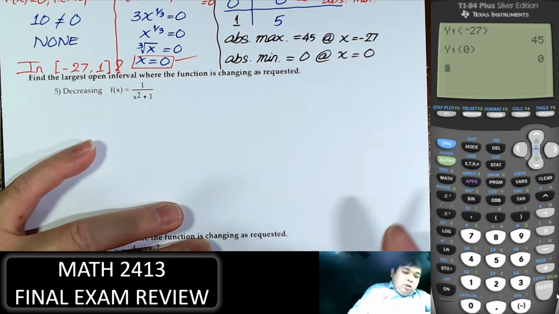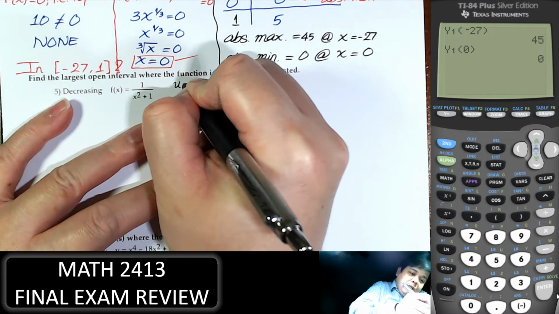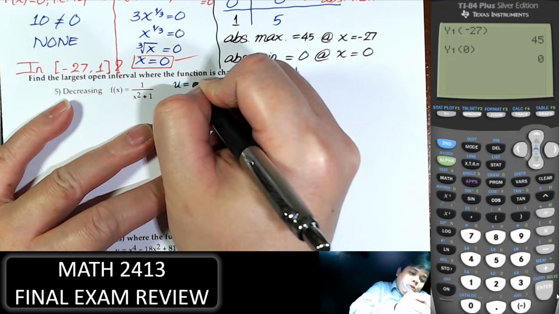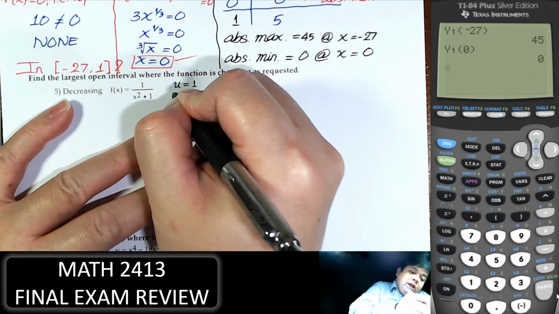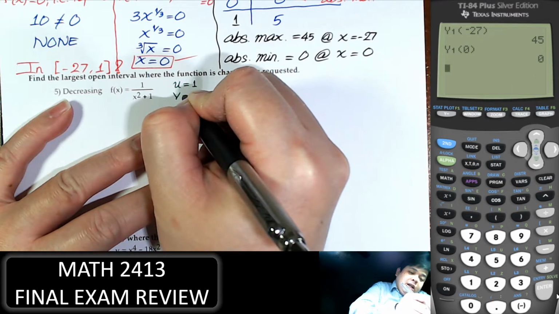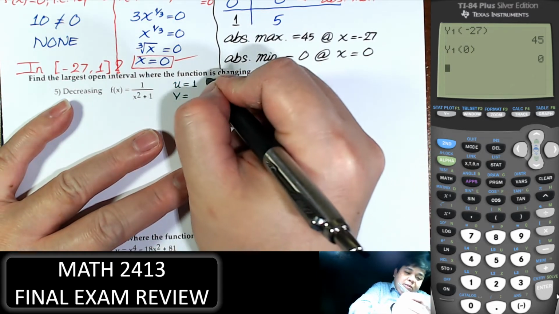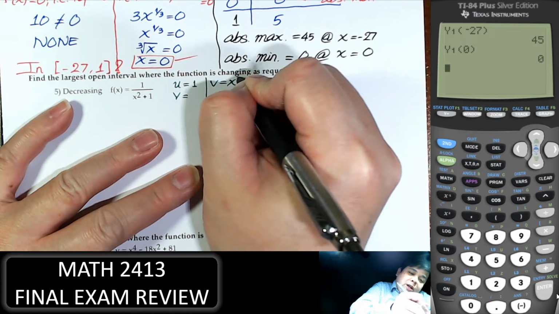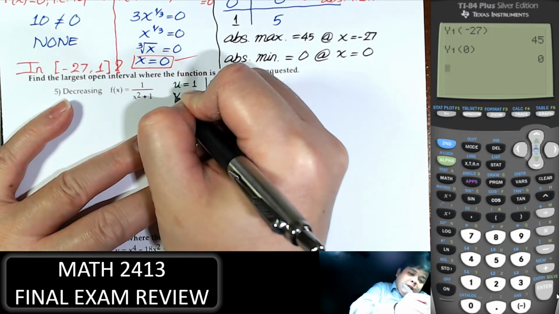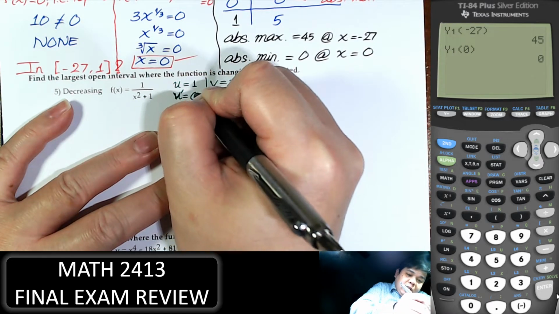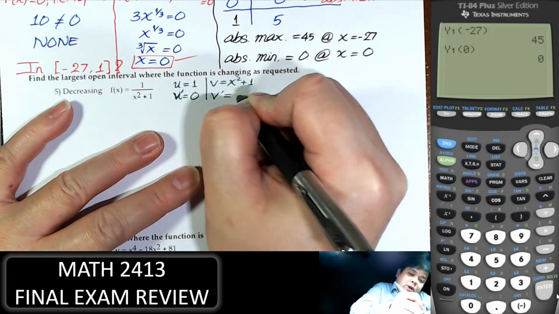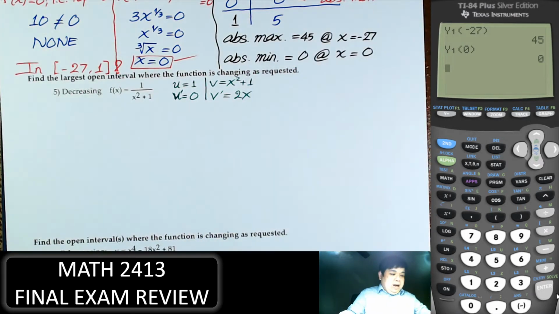Right. So here, the quotient rule, u equal to 1, the top, v, the bottom, v is x squared plus 1. Now the derivative of u is 0, the derivative of v is 2x.